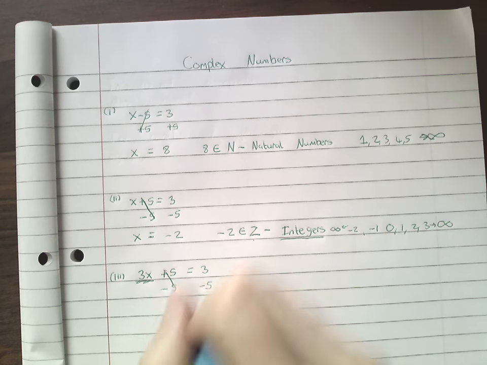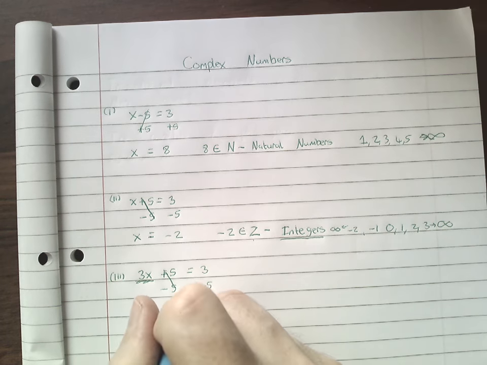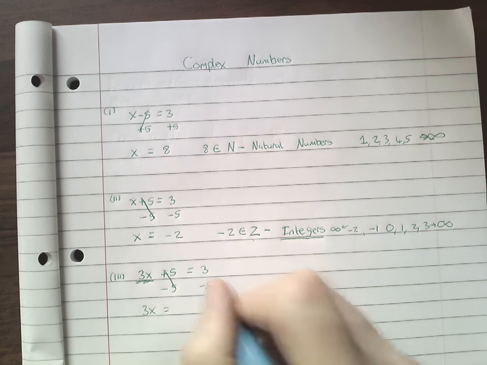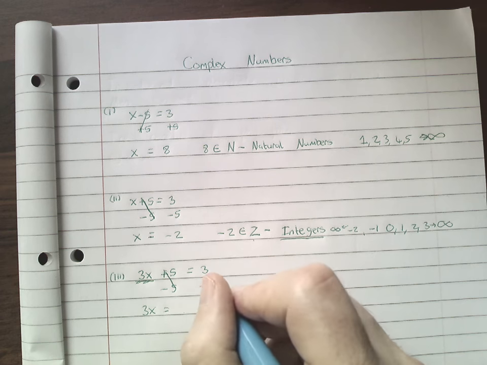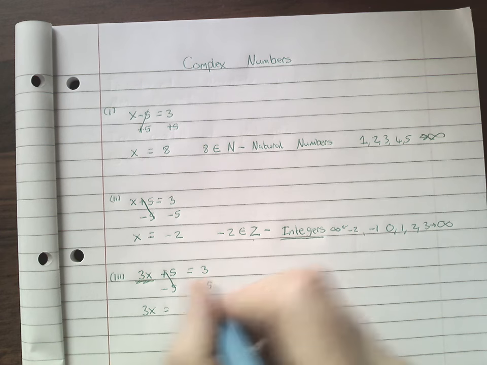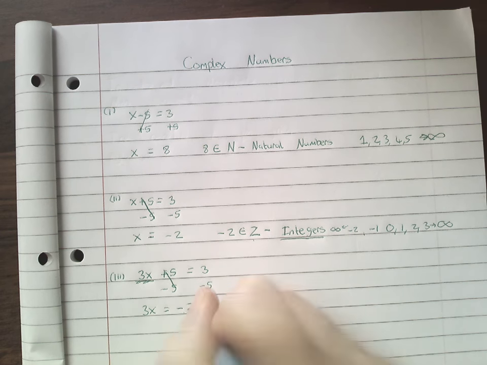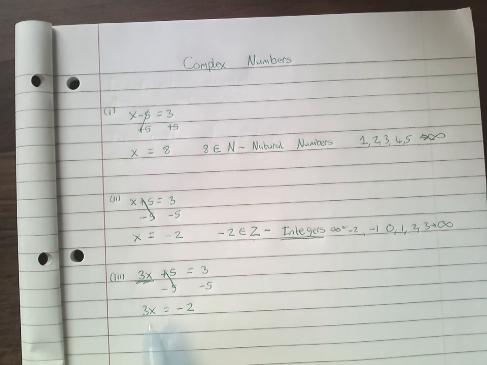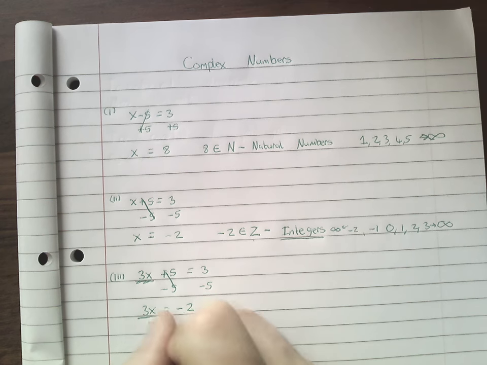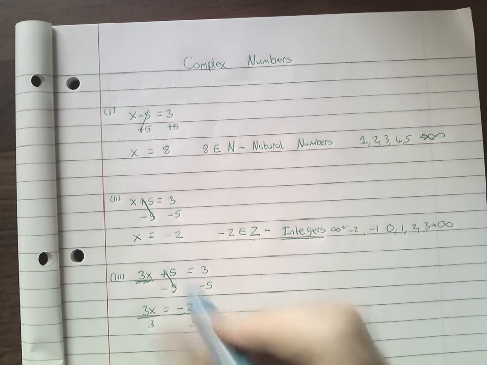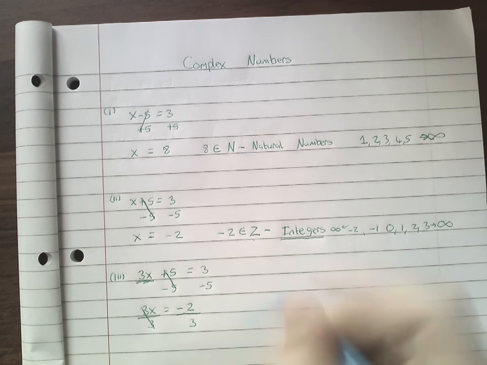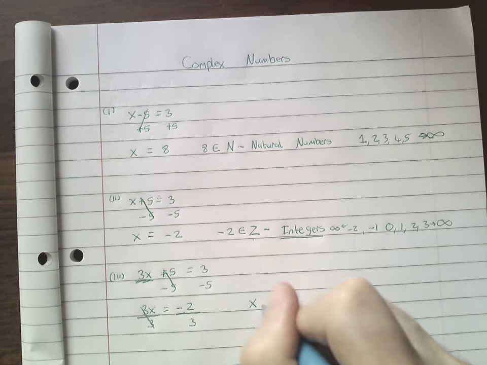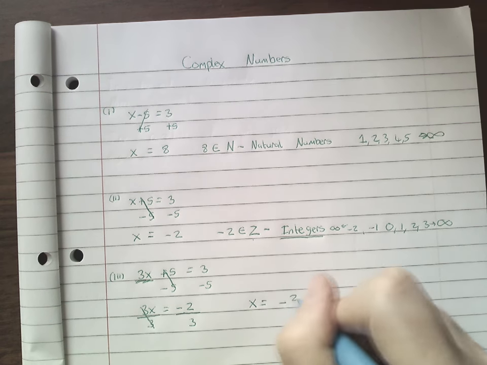So these will cancel out. This will leave us with 3x is equal to 3 minus 5, which is equal to minus 2. And now to get x on its own, we have to divide this side by 3, and we have to divide this side by 3. So these will cancel out, and you'll be left with x is equal to minus 2 over 3.